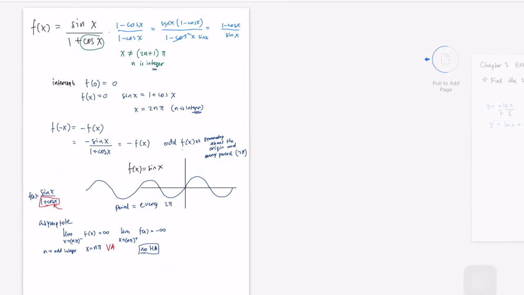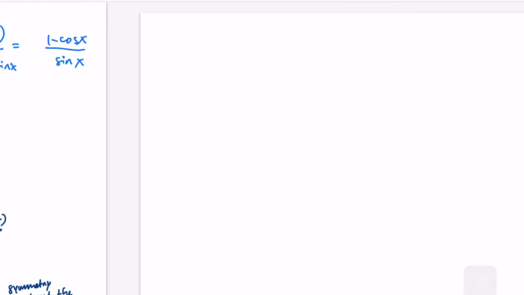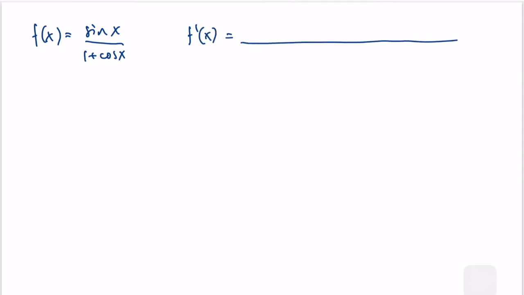Okay, next we need to check the critical number, decreasing, increasing, and concavity. Let me write one more time the function. I will just go through the quotient rule directly.